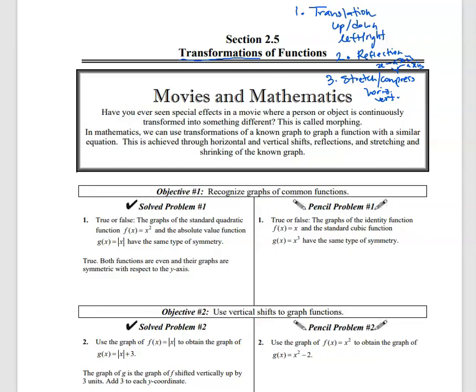But there is another type of transformation that we're not going to cover. It's outside of the scope of this class, but there is a way to transform graphs which is by rotation, and it is a little bit more complicated to achieve.